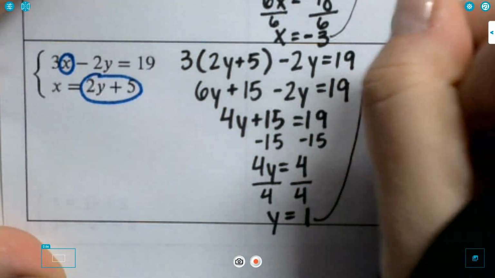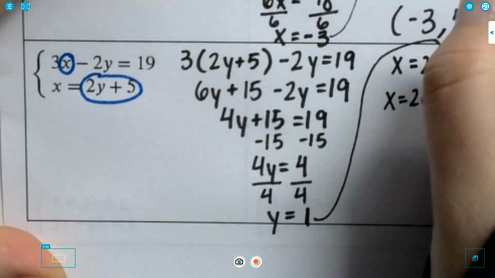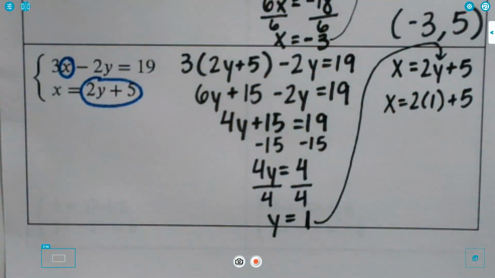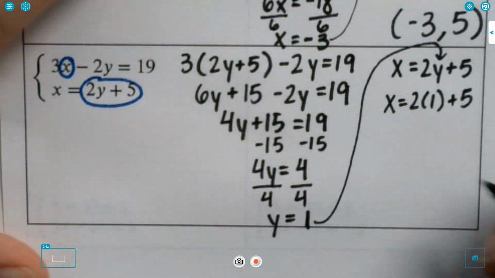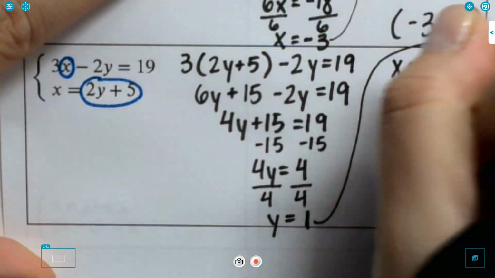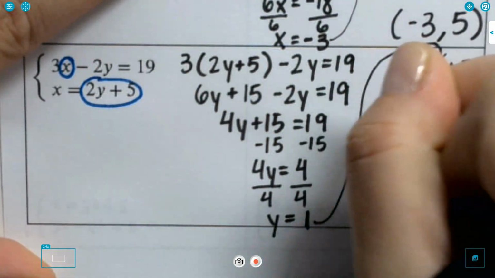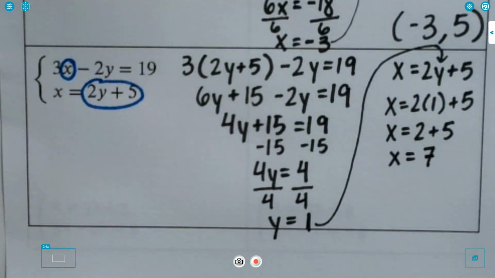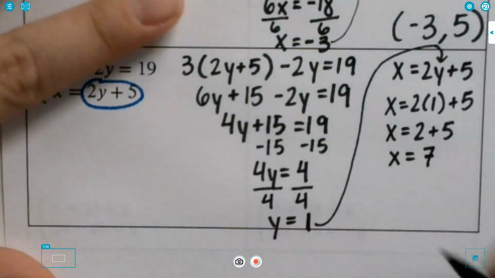So this is going to be x equals 2 times 1 plus 5. Okay, 2 times 1 is just 2. So I've got 2 plus 5, and then 2 plus 5 is 7. So I get that x equals 7. We can write our answer as an ordered pair. Remember, x goes first, so 7 goes first, and then 1.